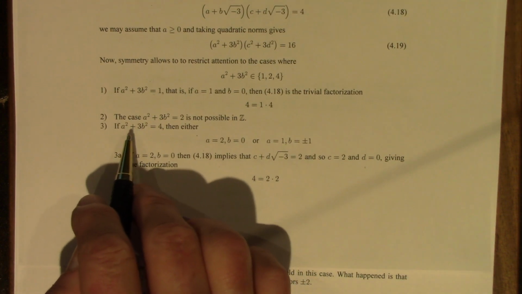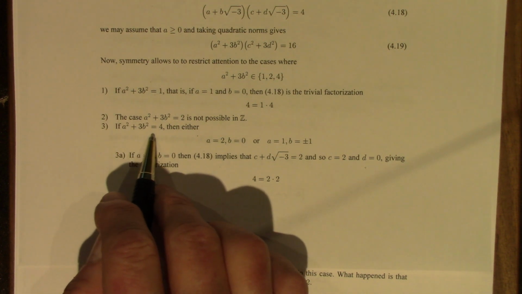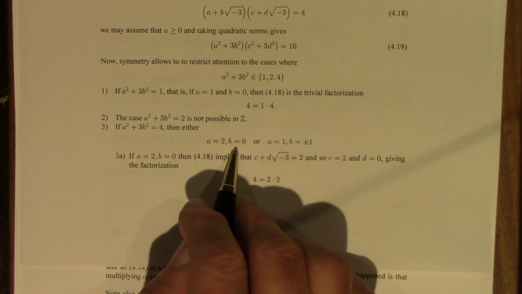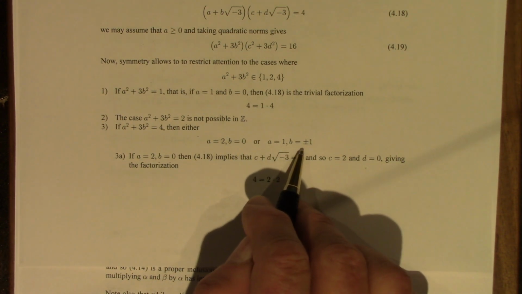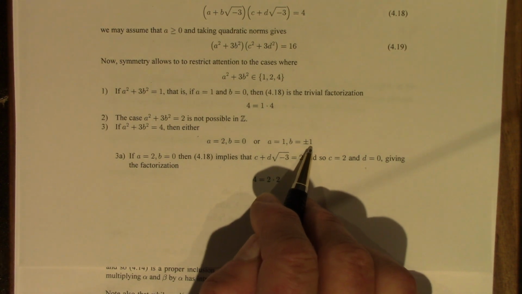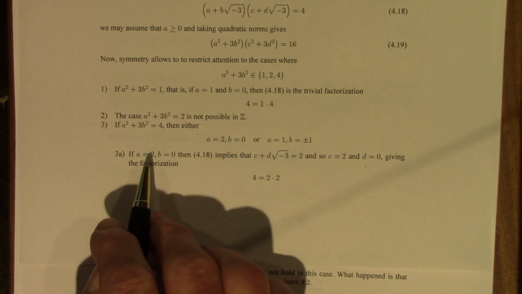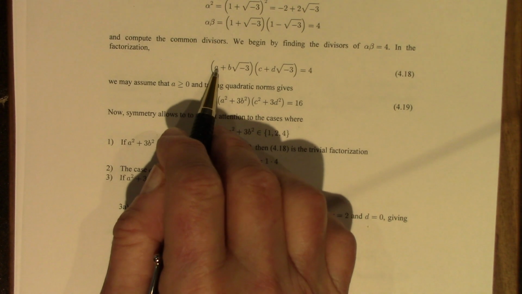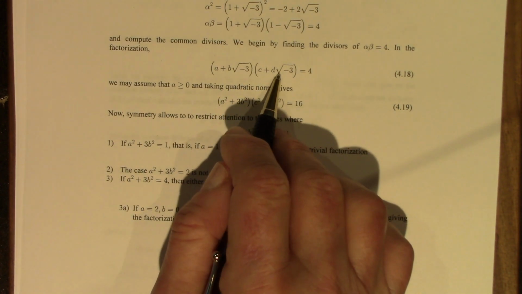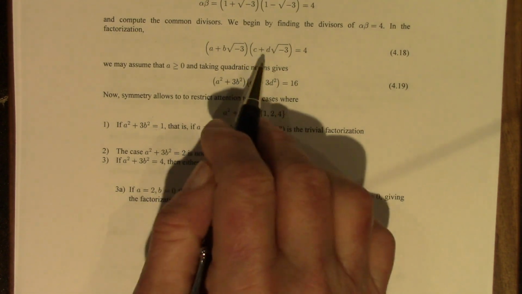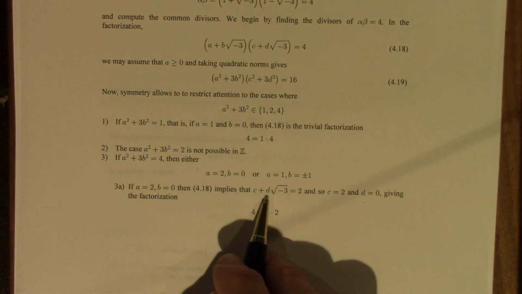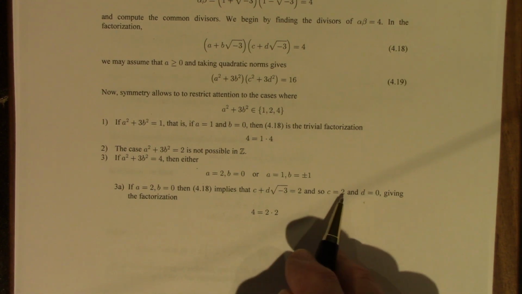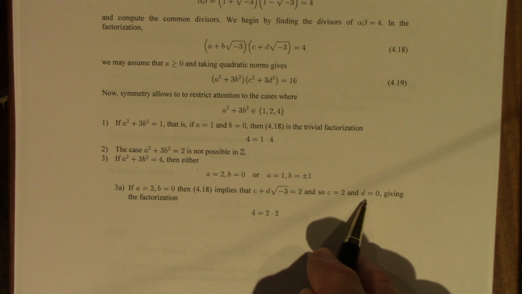For the third possibility, a squared plus 3b squared equals 4, we have either a equals 2, b equals 0, or a equals 1, b equals positive or negative 1. For the case a equals 2, b equals 0, we now have d is 0, and so c plus d square root negative 3 has to be 2. And therefore c has to be 2 and d has to be 0.